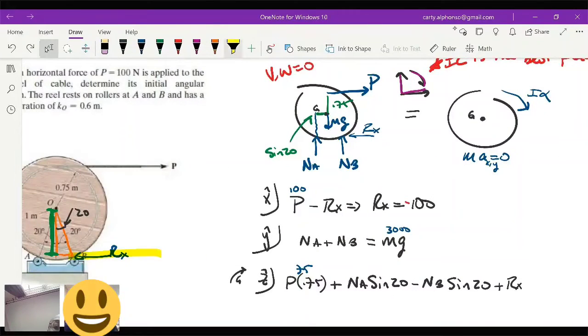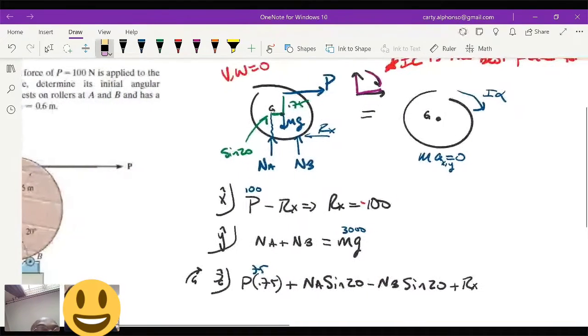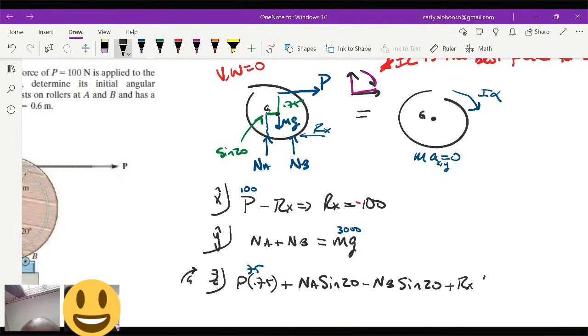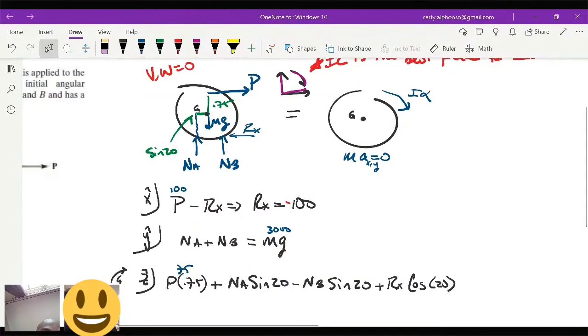If you take a look at NA, it's going to come up and around to create a positive, but NB is going to come up and around to create a negative. And so it's going to be NA and then the minus NB. All right, so we got that. Then we have plus Rx cosine of 20. And finally, so that's 1, 2, 3, 4.